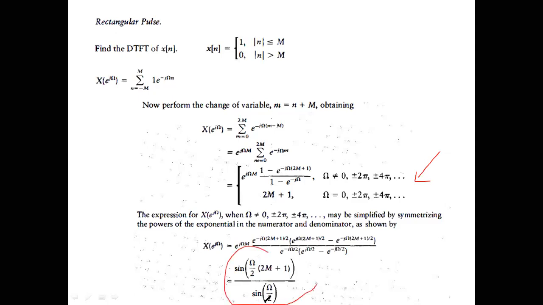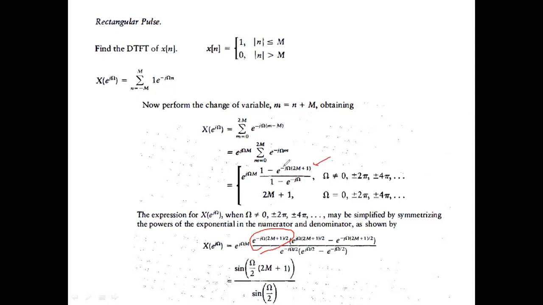Whenever we have a rectangular pulse, we want to represent the DTFT in the form of sine divided by sine, for a specific reason which will be clear when we see the answer. What the author has done here has not much of a logic, but only with familiarity can we know. He took this particular term outside because he wanted to represent it in the form e to the power j theta minus e to the power minus j theta divided by 2j, both in the numerator and denominator.